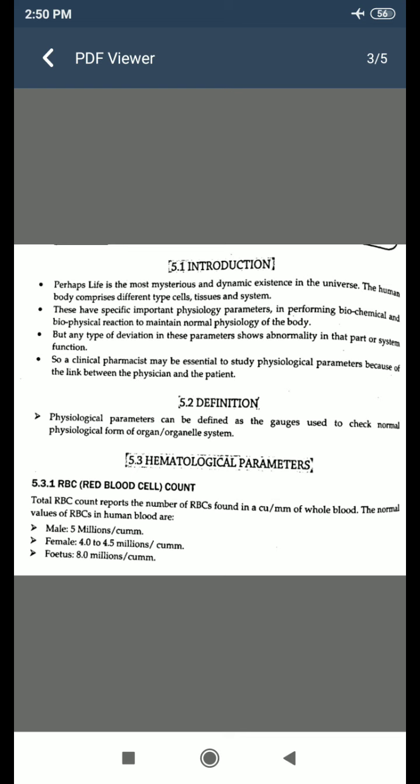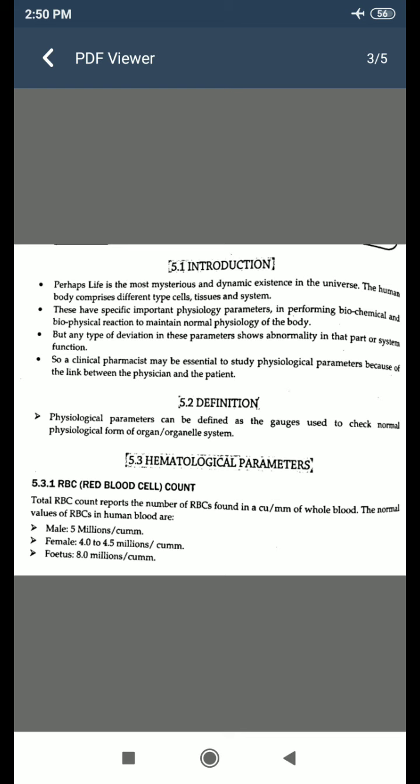Significance: an increase in the PCV indicates polycythemia or dehydration, and a decrease in the PCV indicates anemia or overhydration.